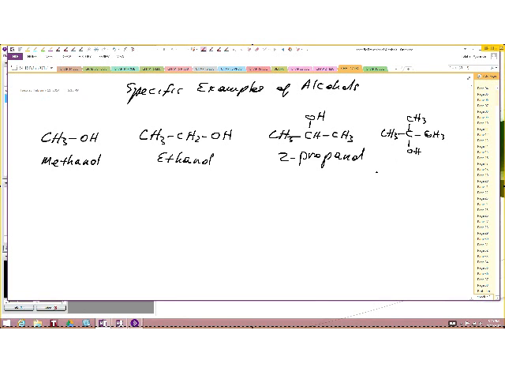Okay, this becomes 2-methyl-2-propanol. I'll give myself some space here. 2-methyl-2-propanol. So in this case, you can see here the hydroxy group is attached to a tertiary carbon atom.